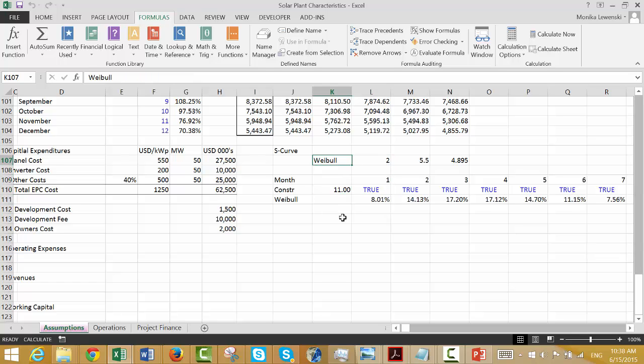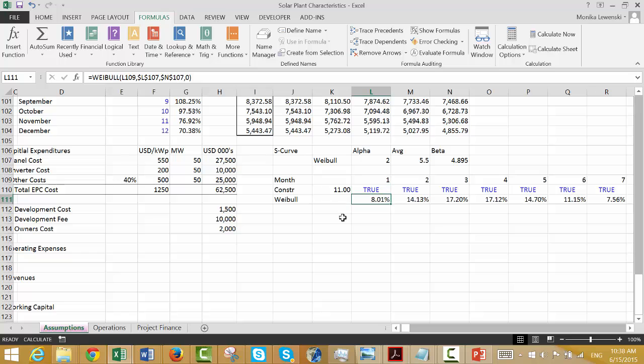So I put a Weibull function in here. This is the alpha, I hope, and this is the beta. And if it's 11 months, this is the average. So the beta I just took is this times 0.89.